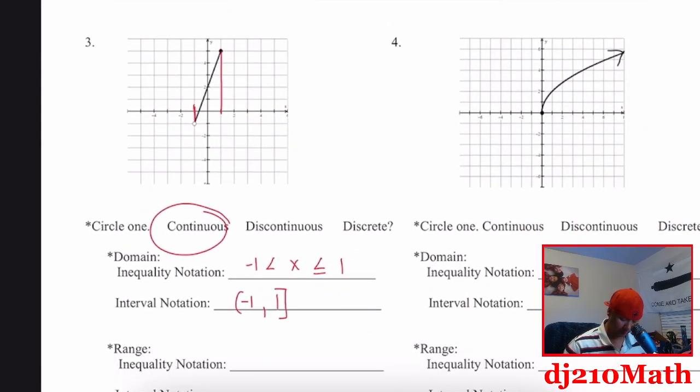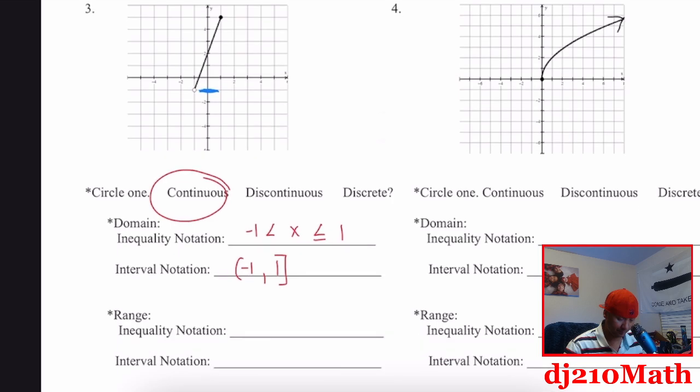So speaking of range, we're looking at from bottom to top, right? Range is bottom to top, bottom first, and then the top. So the smallest that y could be is -1. Parentheses, right, because open circle.